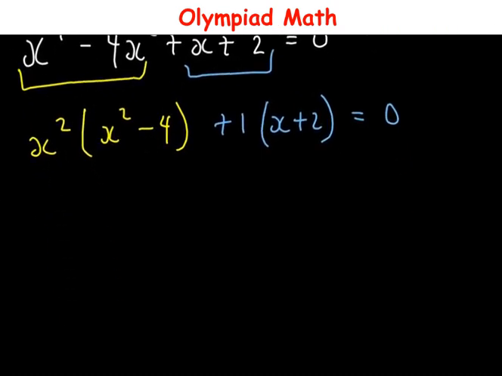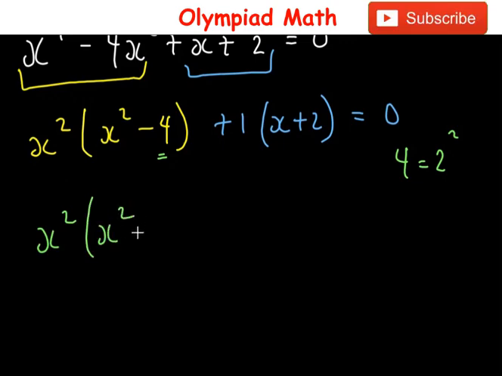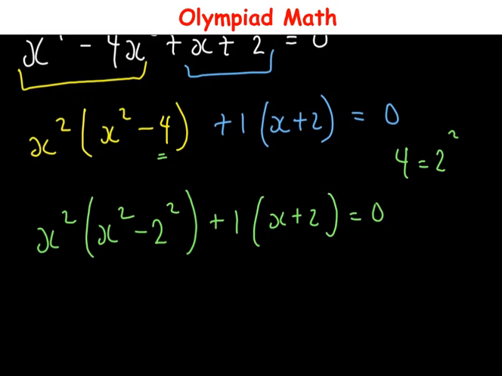So from here, we can express this 4. 4 can be written as 2 squared. So this becomes x squared into bracket x squared minus 2 raised to power 2, then plus 1 into bracket x plus 2 equals 0. Now, looking at this right here, difference of squares.